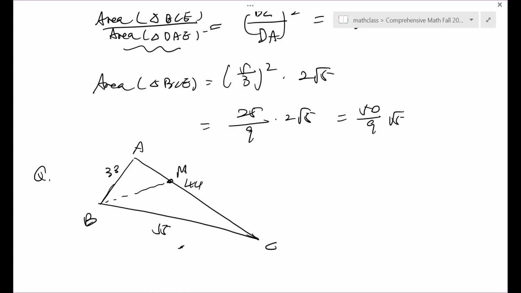So what do we want to find out? We want to find out this one, right? What is X?